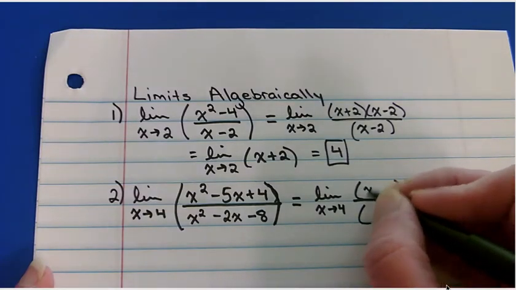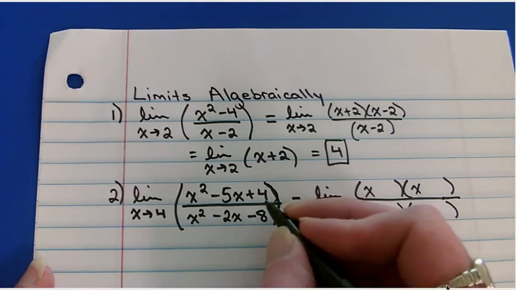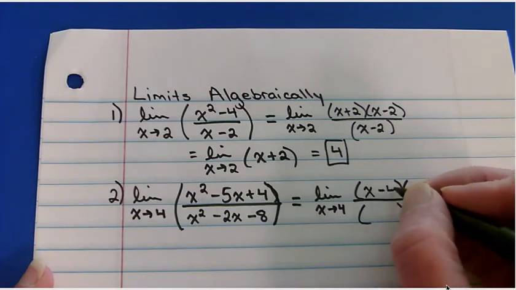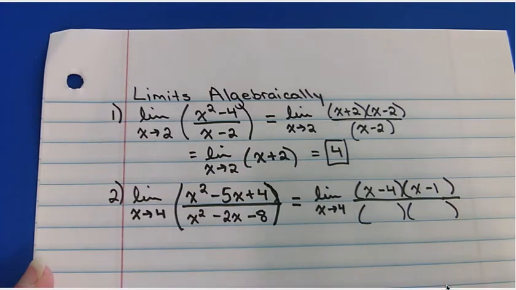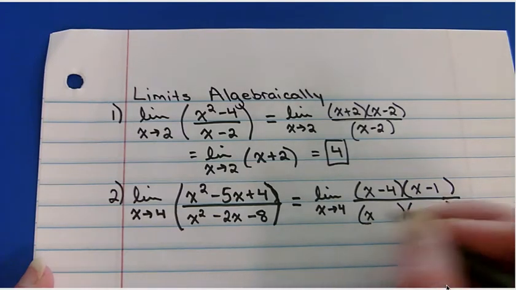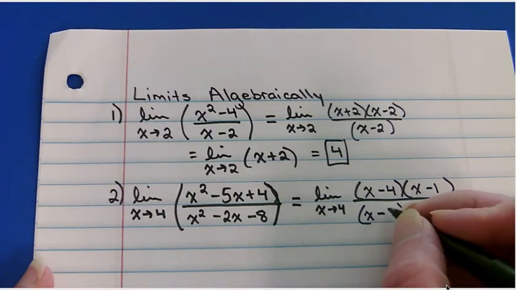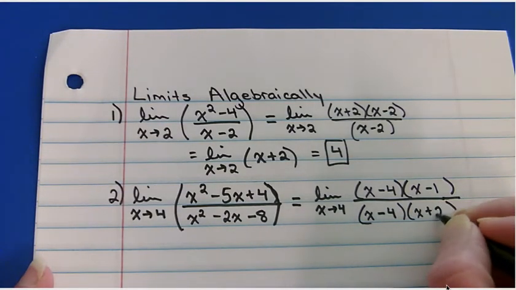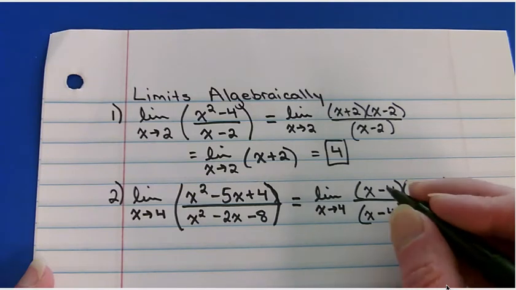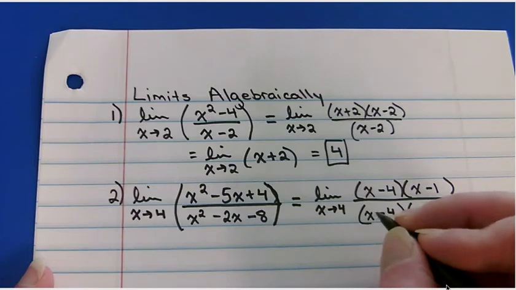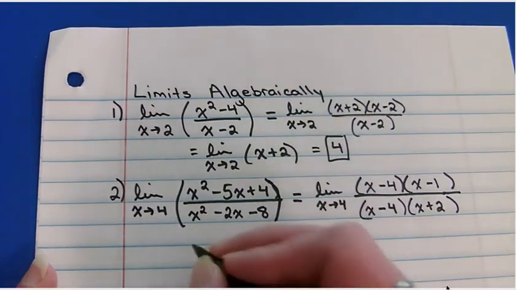Well, this would have to be x and x. Multiplies to be 4 but adds to be a negative 5 would have to be a negative 4 and a negative 1. Down here I'd have an x and an x. Multiplies to be negative 8 but adds to be negative 2 means I'll have a negative 4 and a plus 2. Notice that the x minus 4's could divide out as long as x is not 4.